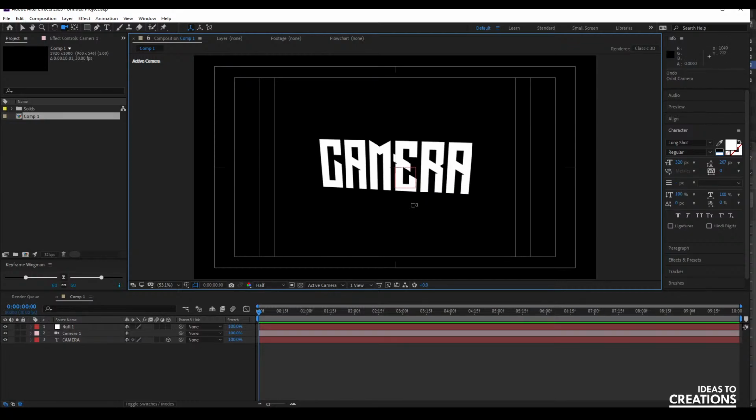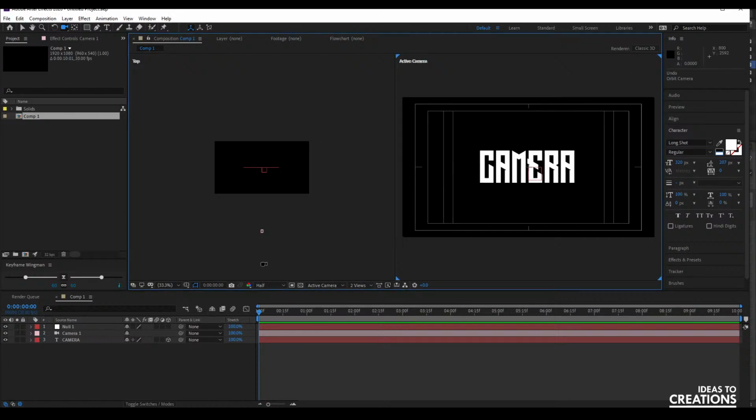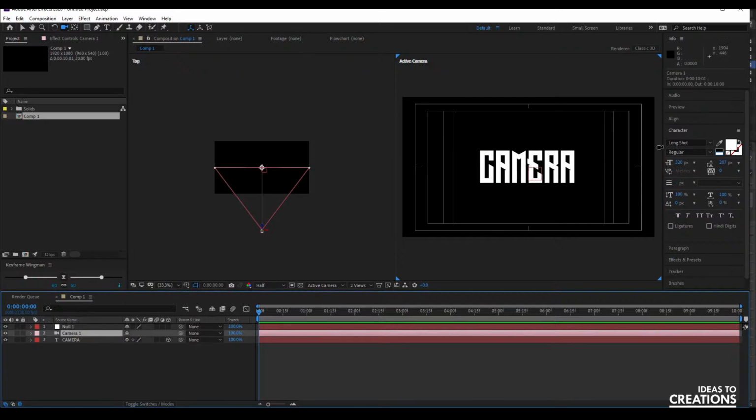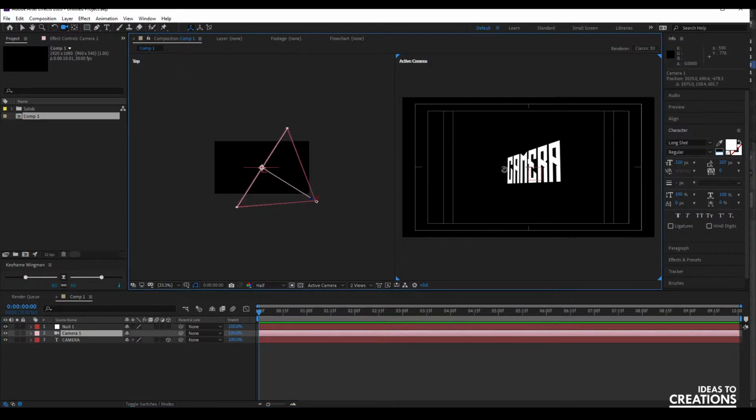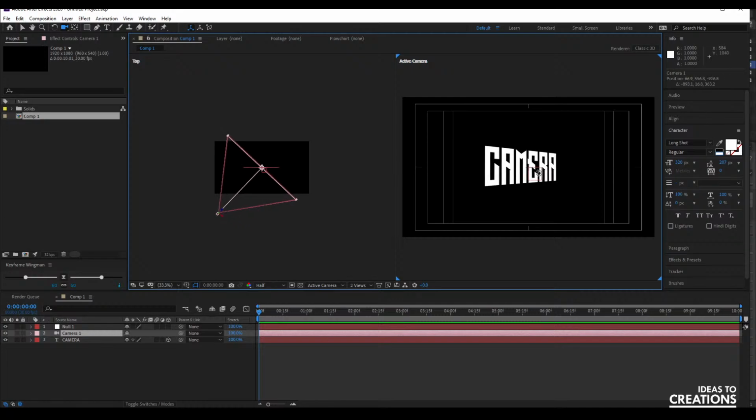Another way to properly see this is to change this to 2 views. Now you can see the camera down here, and as I move around, you can see it's spinning around a specific point, right? So I'm going to put the camera here like this.